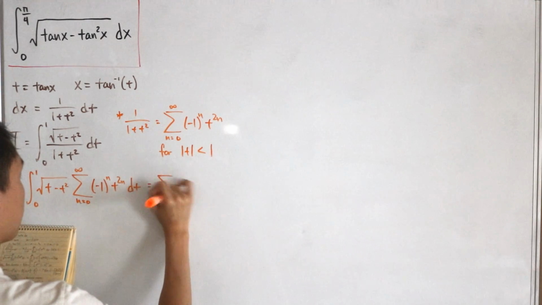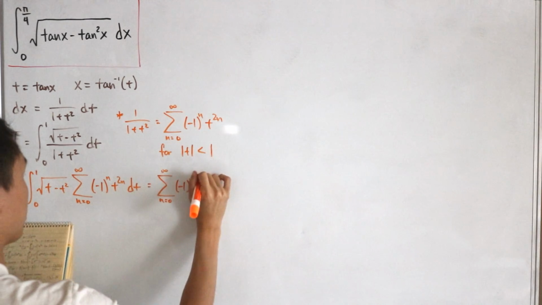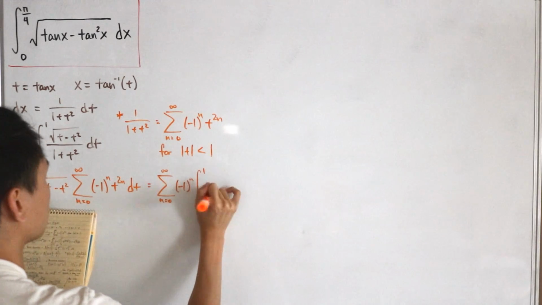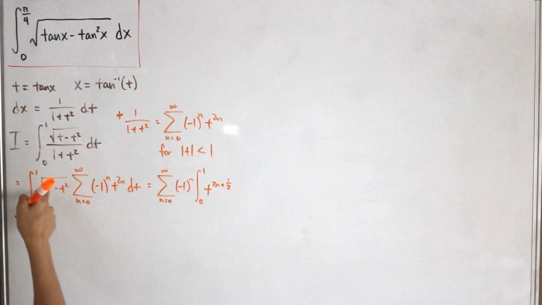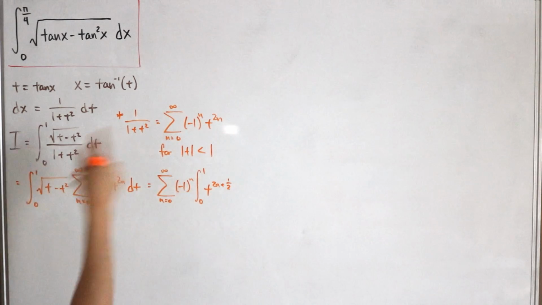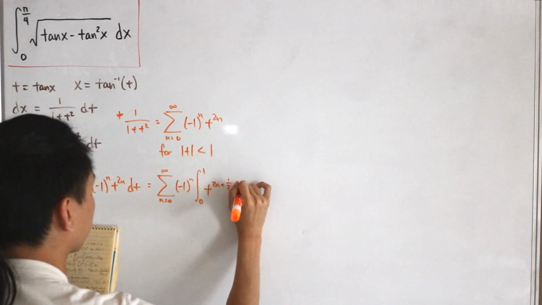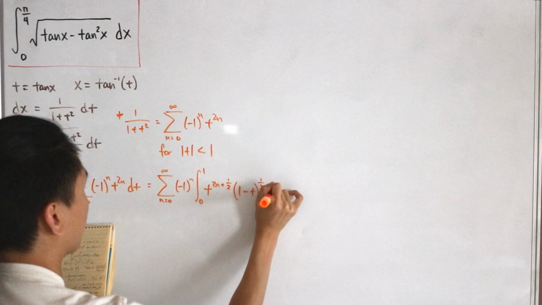So we have the infinite sum from n equal to 0 of negative 1 to the power n, multiplied with the integral of t to the power 2n plus 1/2. This is just a little bit of rewriting with the square root of t minus t squared, multiplying it with the same base. Afterwards, this is multiplied by 1 minus t, quantity to the power 1/2, dt.